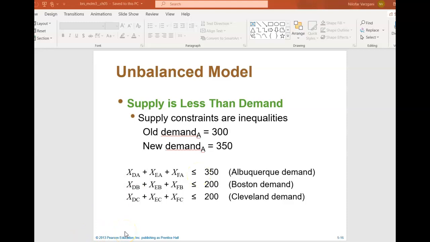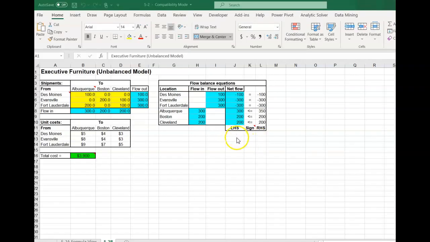Let's take a look at what this change does to our Excel template. This is the Excel model that we had built for our original transportation example. Des Moines, Evansville, and Fort Lauderdale were supply nodes, whereas Albuquerque, Boston, and Cleveland were demand nodes.